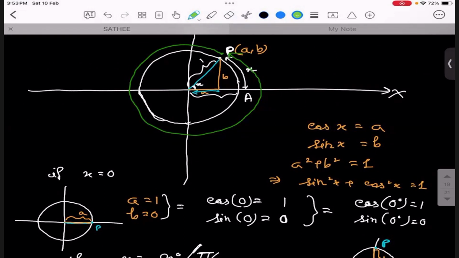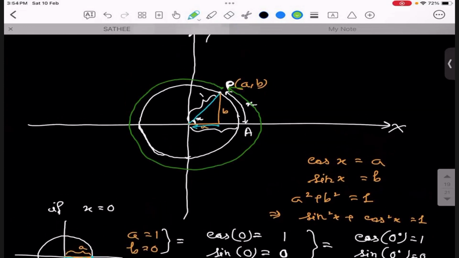Now the question is, what about this value of a and b? Clearly we can see we can vary the value of a and b between -1 and 1.